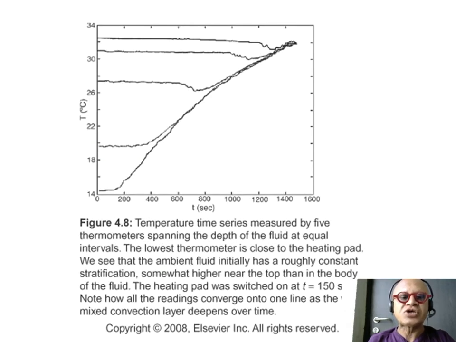So here they are showing the temperature profile evolving with time at different depths. So you can see cold at the bottom, warm at the top, nicely stratified when you started. The heating pad is turned on at some 150 seconds, and you can see that the bottom waters are getting warm.